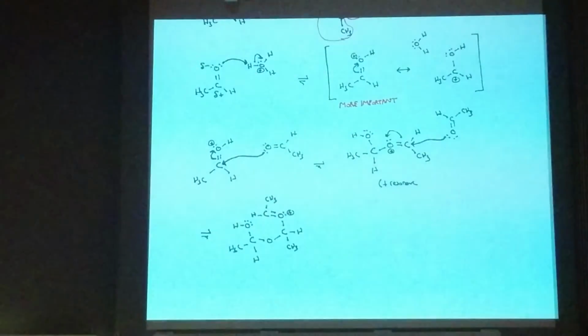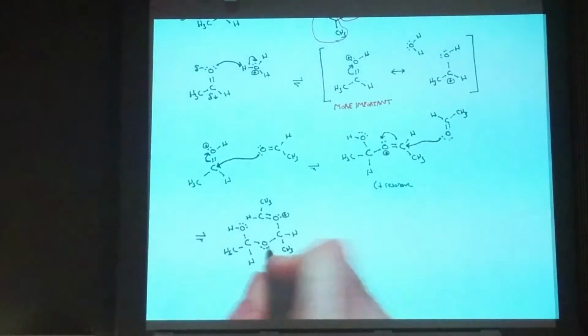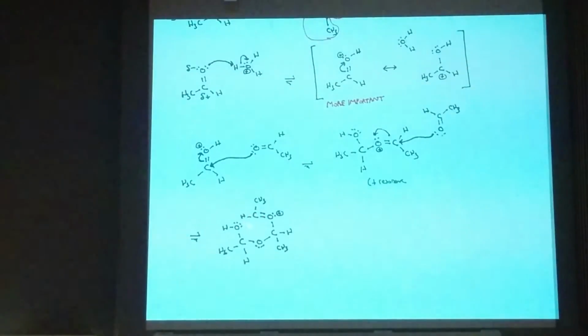And now we're almost there, because this can actually adopt a conformation. Let me put the lone pairs. This oxygen picked up a second lone pair. Now this oxygen on the hydroxyl group can adopt a conformation where it's really close. 1, 2, 3, 4, 5, 6, six-membered rings, good in chemistry.